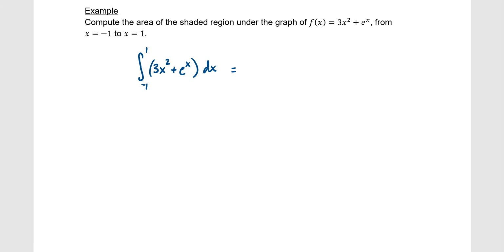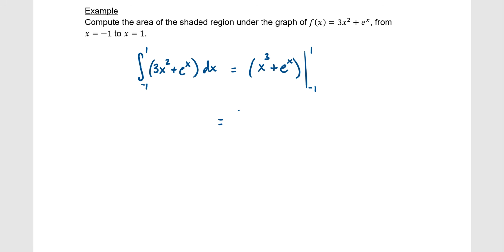So the integral of 3x squared is going to be x cubed over 3, but if we divide 3 divided by 3, they cancel. So the integral of 3x squared is x cubed. And the integral of e to the x is itself, e to the x. And we evaluate that from -1 to 1.